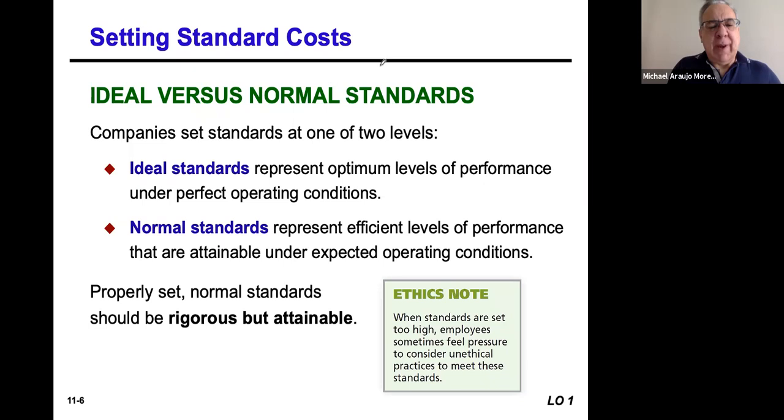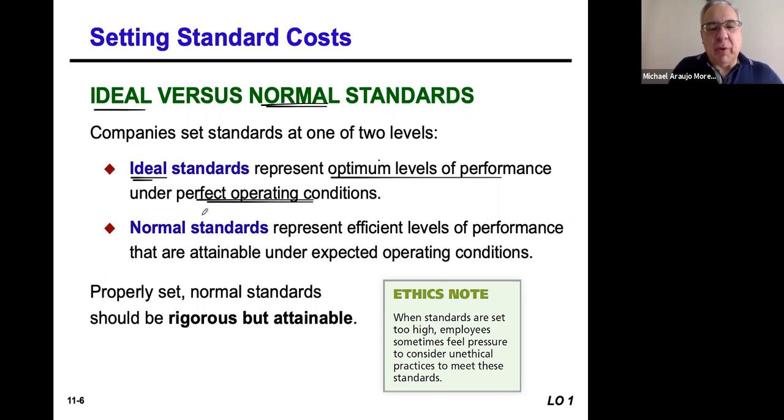Normally speaking, we have ideal standards. These are based on optimum levels of performance and perfect operating conditions. But as you know, optimum performance and perfect operating conditions don't happen very often. So we settle for what we call normal standards.